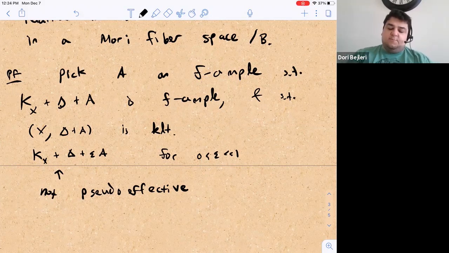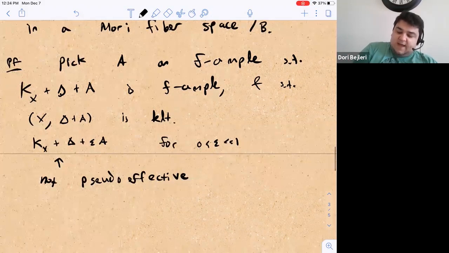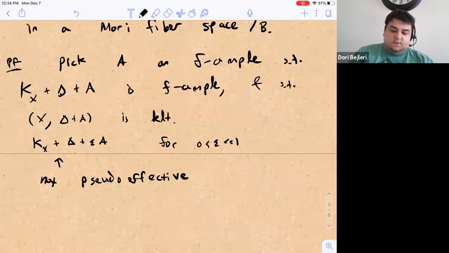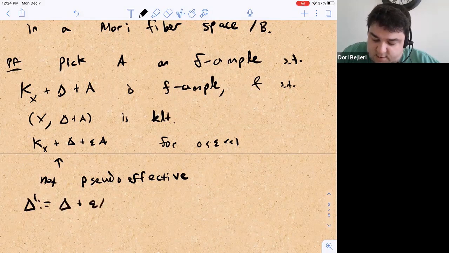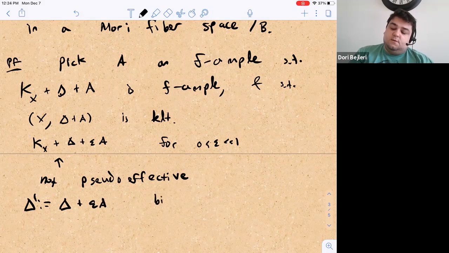And now we're going to run an MMP with scaling for kx plus delta plus epsilon A, but with scaling by A itself. Because if we note here, if we define delta prime to be delta plus epsilon A, now this is a big divisor, because we have an ample plus effective. So now we're in the setting where MMP with scaling terminates.